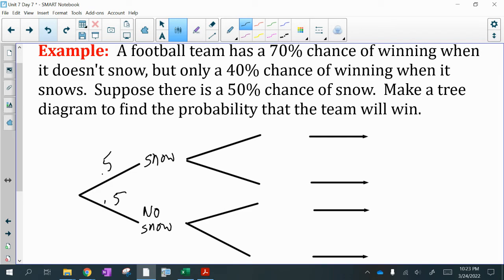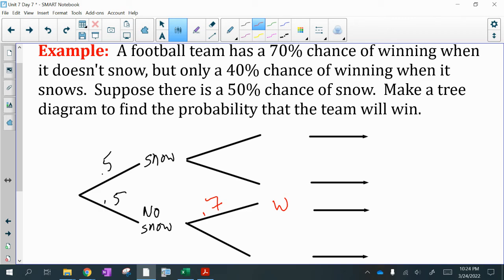Next, we talk about this stuff and it says the football team has a 70% chance of winning when it doesn't snow. So I'm going to say winning because it's not snow right in here. It's 70%, so that's 0.7 chance of winning.